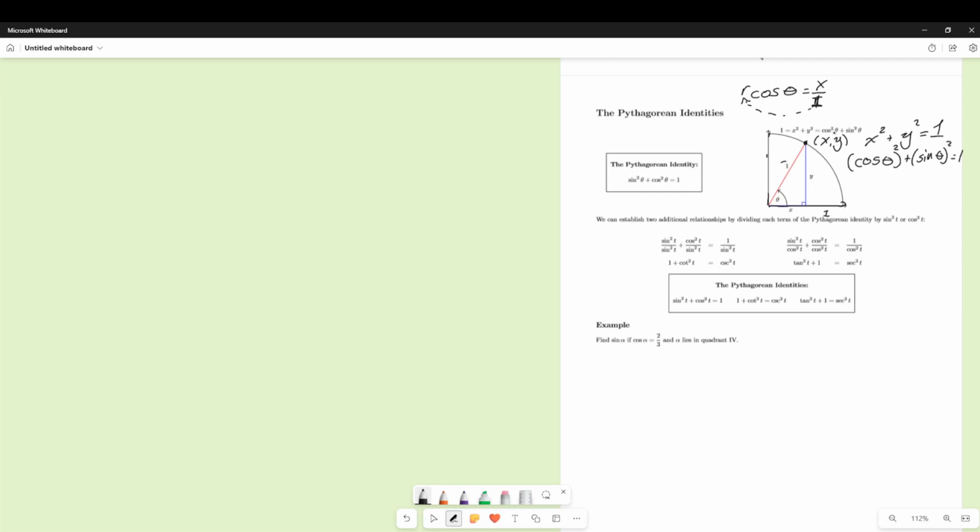Now you might notice this 2, the squared, is written inside. It's just a standard notation to not have to put all the extra parentheses. Cosine squared theta is the same as find the cosine value, then square it, plus sine squared theta says find the sine value at theta, then square it, equals 1.